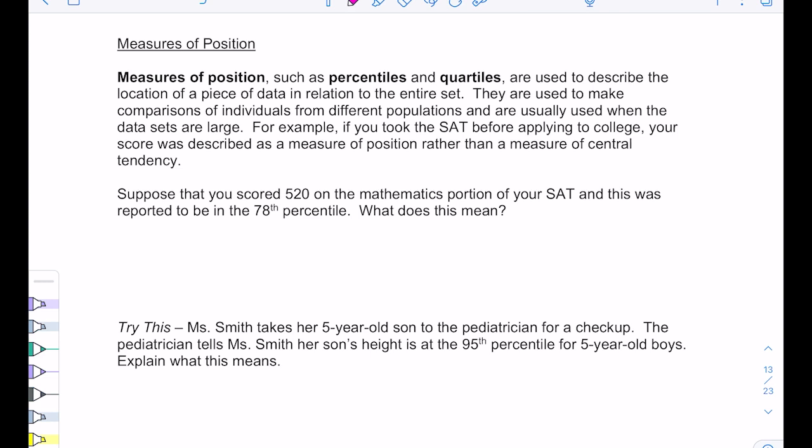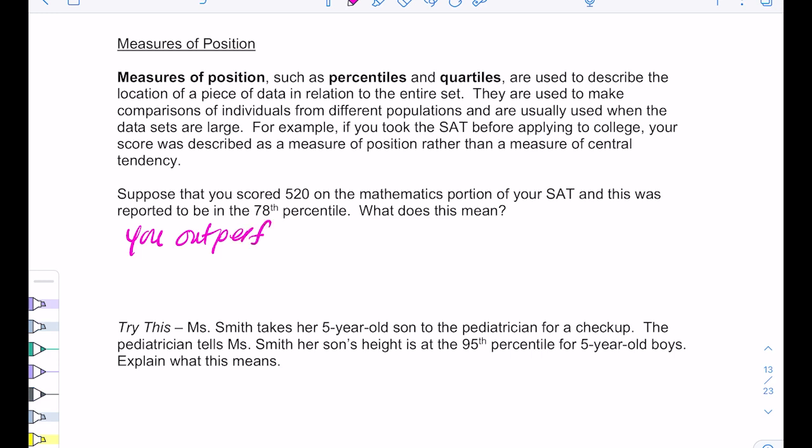So let's say you scored a 520 on the mathematics portion on your SAT, and it was reported to be in the 78th percentile. Do you know what that means? What it doesn't mean is that you got 78% of the questions correct. It means that you outperformed 78% of other students who took the exam.